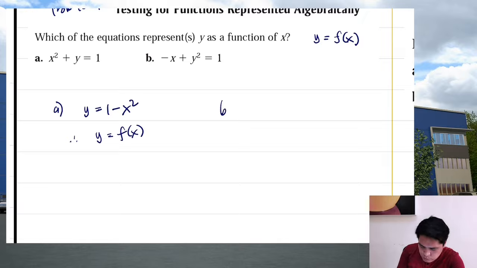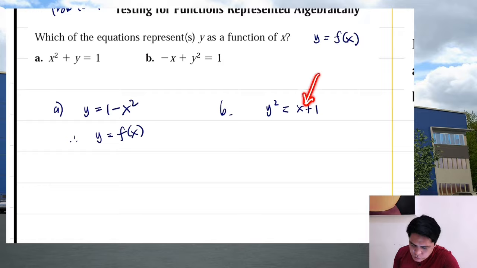For letter B, if we solve for y, that would become y squared is equal to x plus 1. And if you notice, for any real value of x, of course there's a restriction, because we need to take the square root later, for any value of x, there are two values for y.